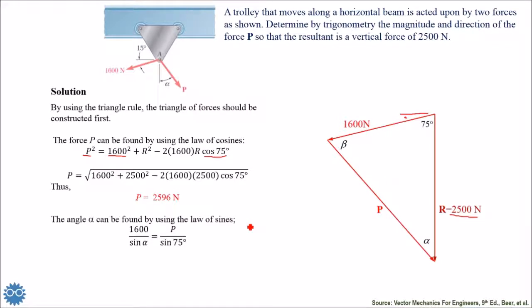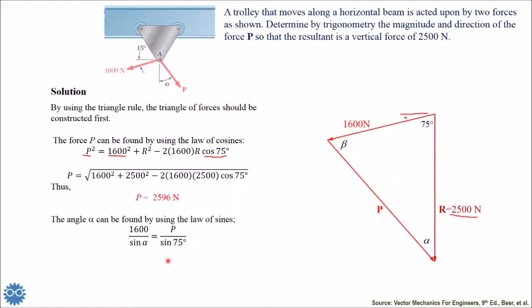The angle alpha can be found also by using the law of sines this time, because now we know the value of P. Here we notice that we have 1600, the value of P, and the angle facing it.